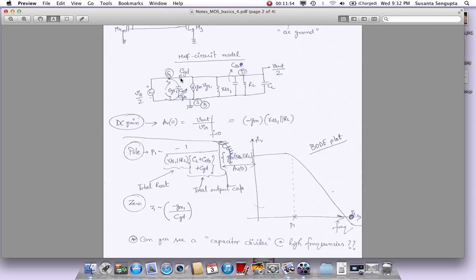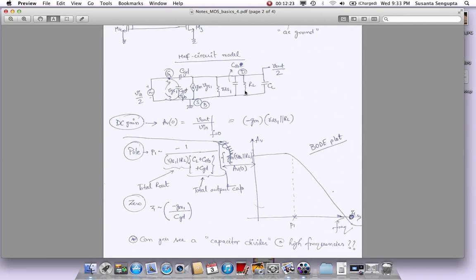Effectively what it will become is a CGD in series with some effective capacitance to ground at the output, and that becomes a capacitive divider, which is almost like a resistive divider. If you work it out, you will see it has a similar kind of expression, but what it will show is whatever the input is, the output is going to be a fraction of the input based on the capacitor divider value.